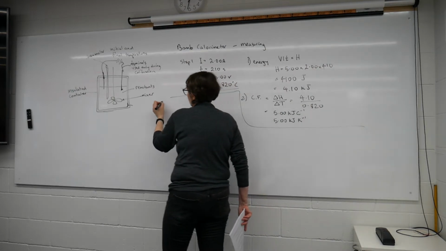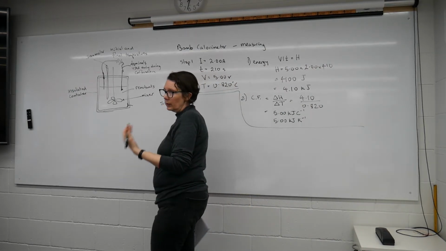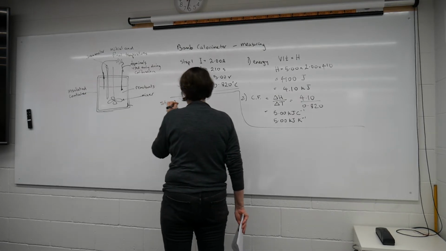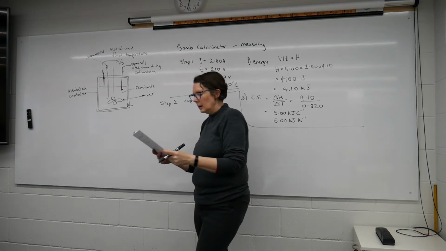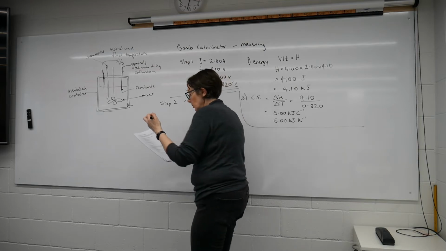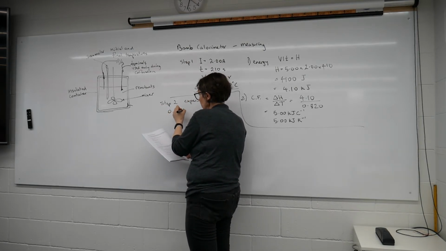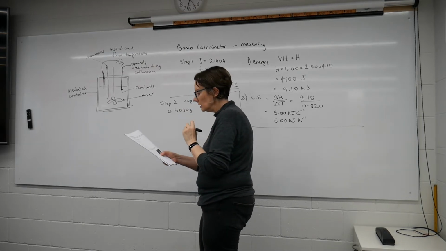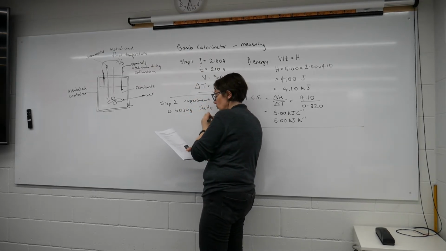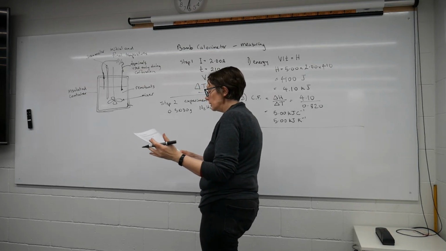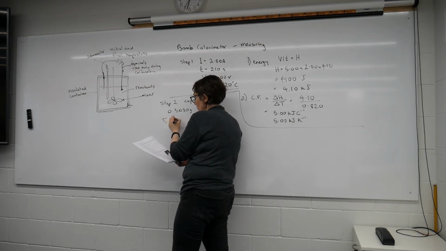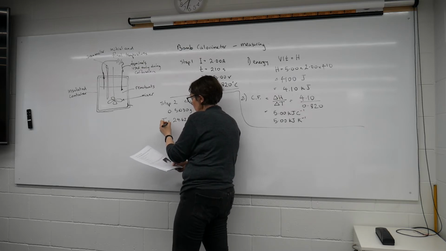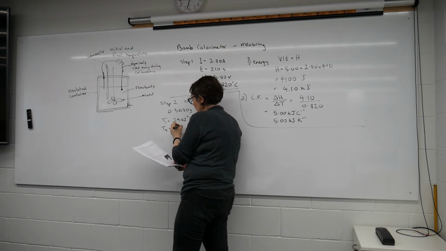Now we have our experiment that we're doing in our bomb calorimeter. Now it tells us that we have 0.5030 grams of hydrazine, rocket fuel, and it's burnt in the calorimeter, and T1 was 24.62 and T2 was, and that's in Celsius, 28.16.